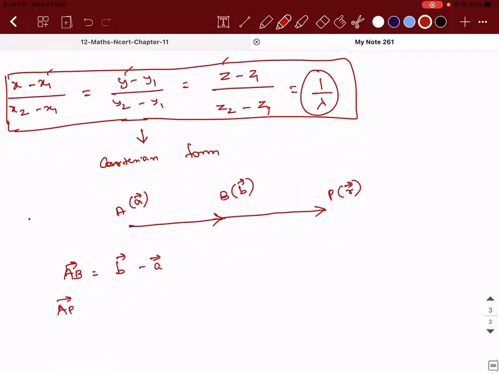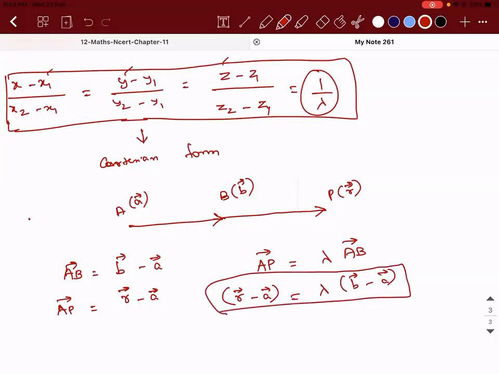What is AP vector? It is R vector minus A vector. Correct? Yes, sir. So since AP vector is equal to lambda times AB vector, I can write R vector minus A vector is equal to lambda times B vector minus A vector. So this will be the vector form of the line.